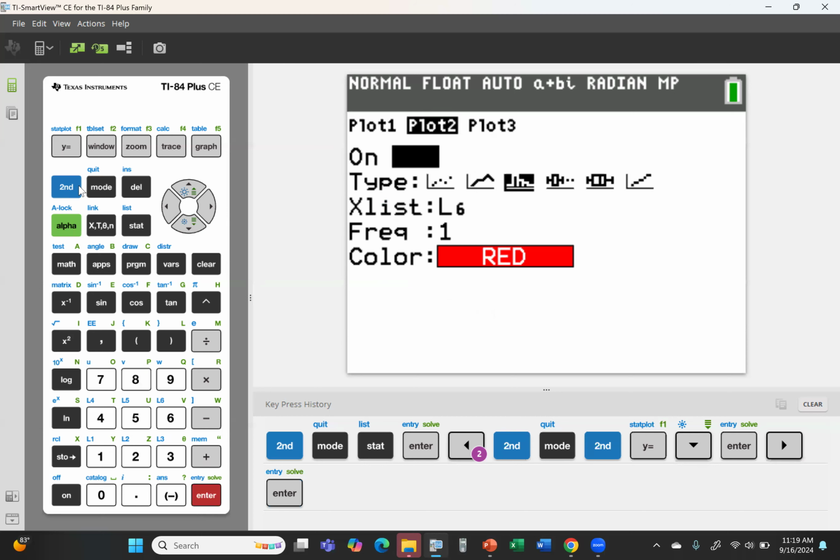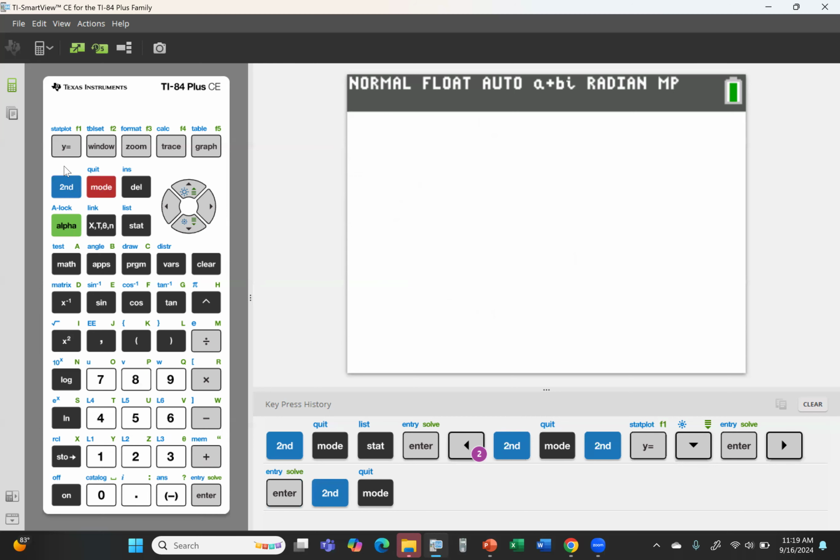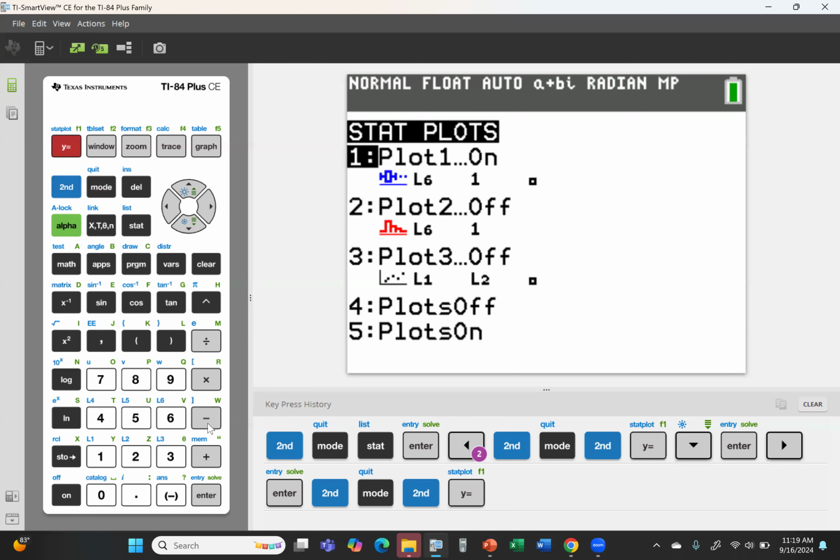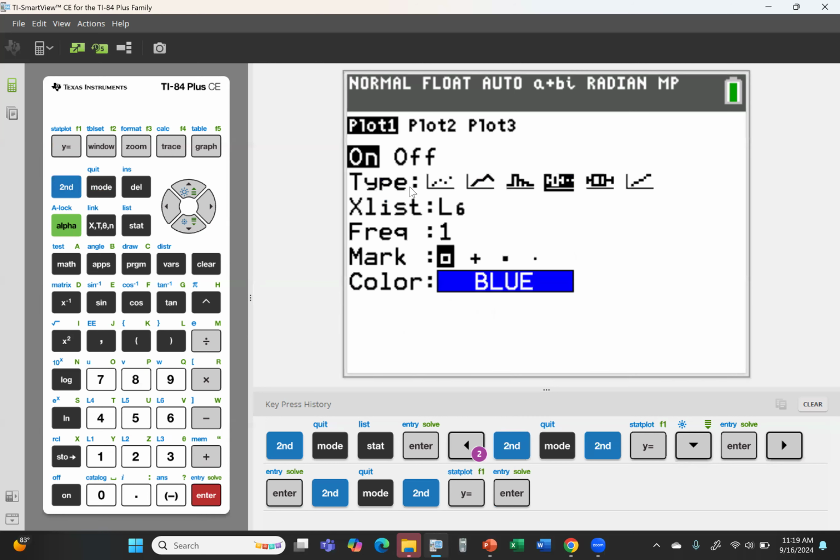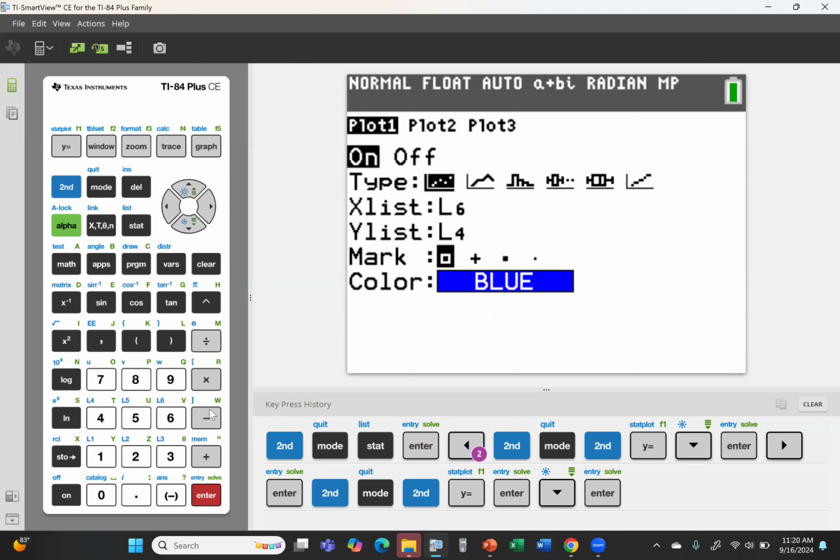All right, let me get out of here and go back to my stat plot. I'm going to make sure that plot is a scatter plot, so for the type I want the first type, the scatter plot. Then I need to tell my calculator where I put my input values, the years.